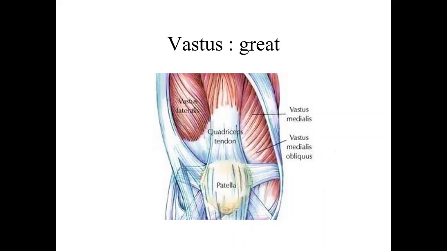All right, medialis. Take a guess. In this case, medialis means medial, which is the inside. Obliquus. Remember what I just said? What is oblique? Slightly askew. So this would be a great askew muscle located on the medial aspect. And in this case, it would be the knee.